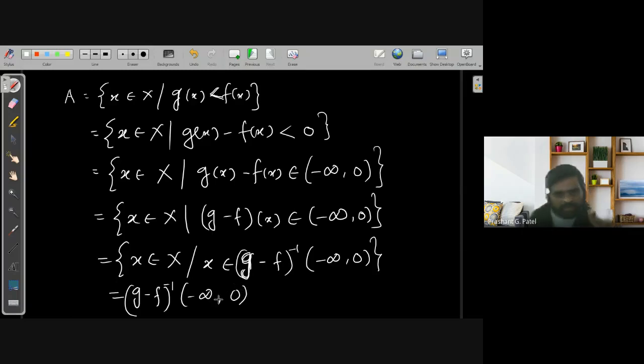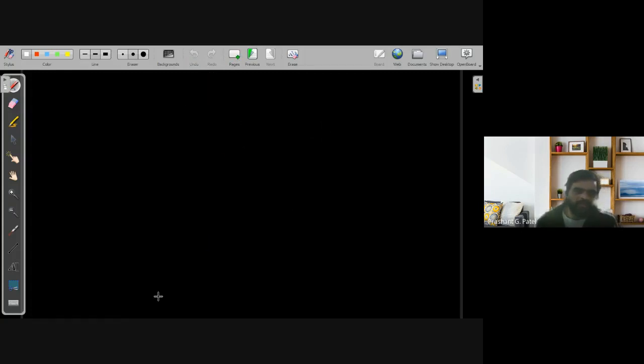Now, minus infinity to 0 is an open set. And f and g are given as continuous functions.